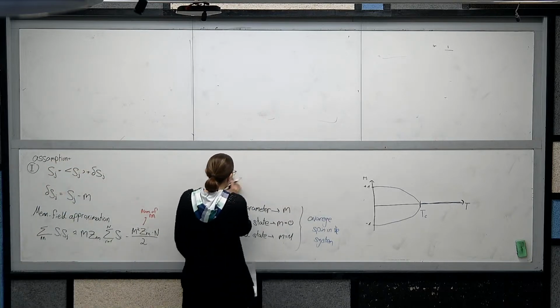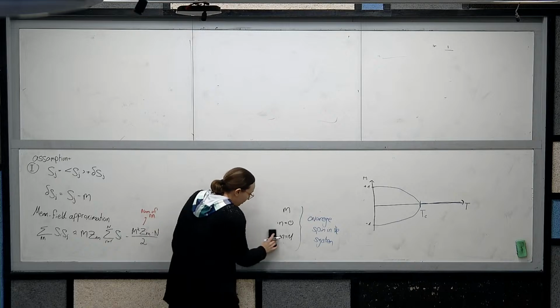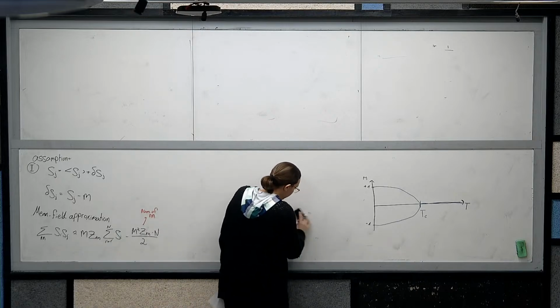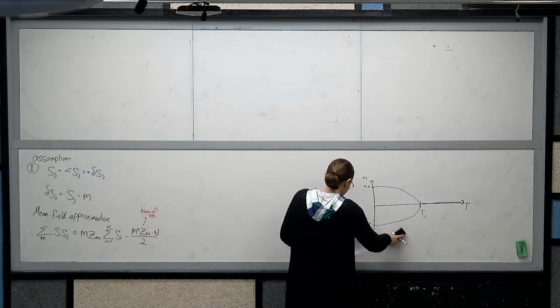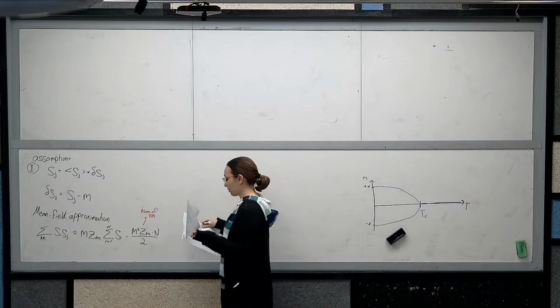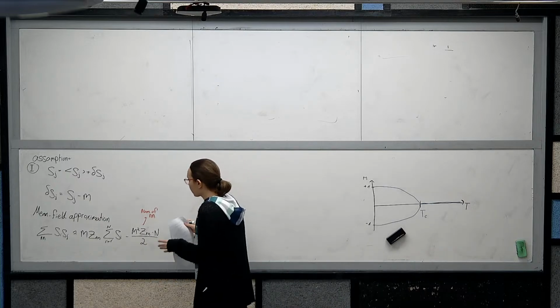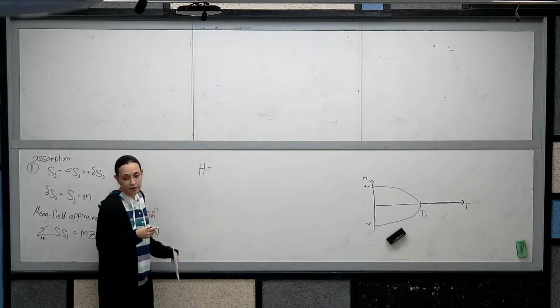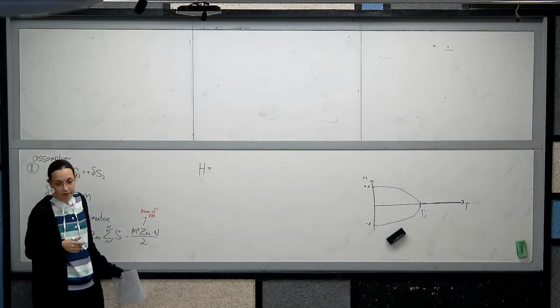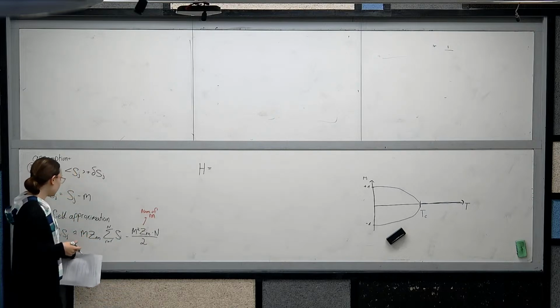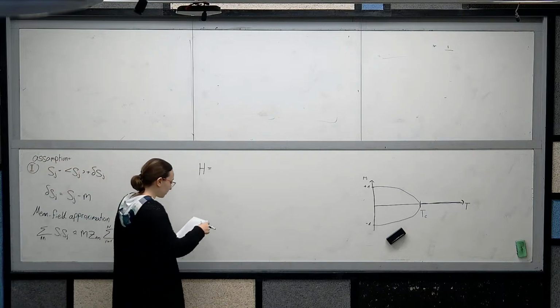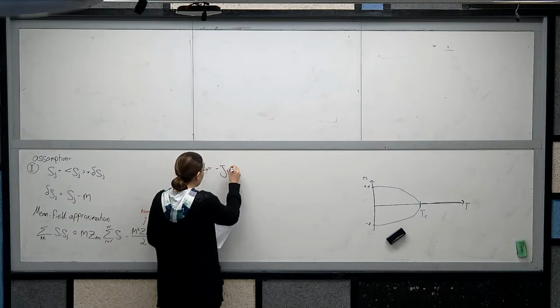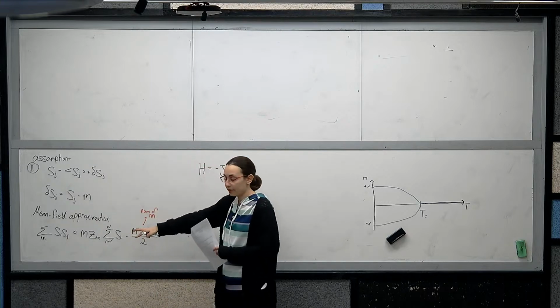Okay, so if we're taking this approximation and inserting it into the Hamiltonian, and again let's take it without external field, just the interaction, we get that the Hamiltonian equals minus J times this sum.